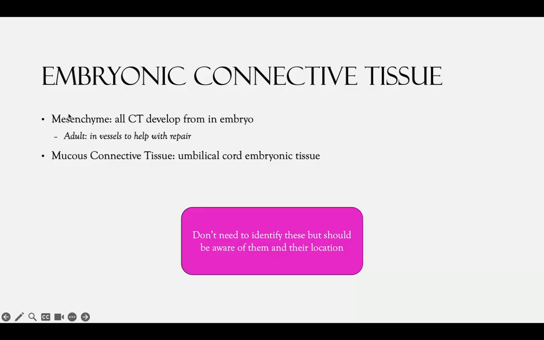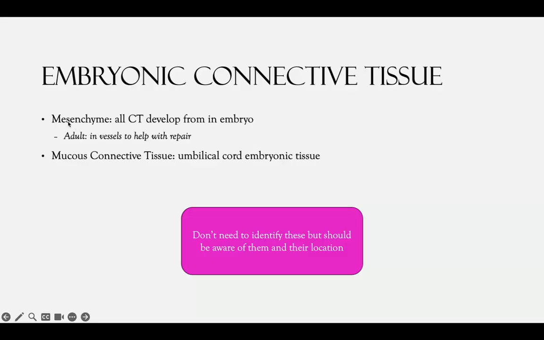Okay, so the first type of embryonic tissue is called mesenchyme. Chyme. That CH makes a K sound, chyme. So mesenchyme. Now, the reason that all connective tissues are grouped together is because all connective tissue develops from mesenchyme. Okay, and mesenchyme is located in the embryo.